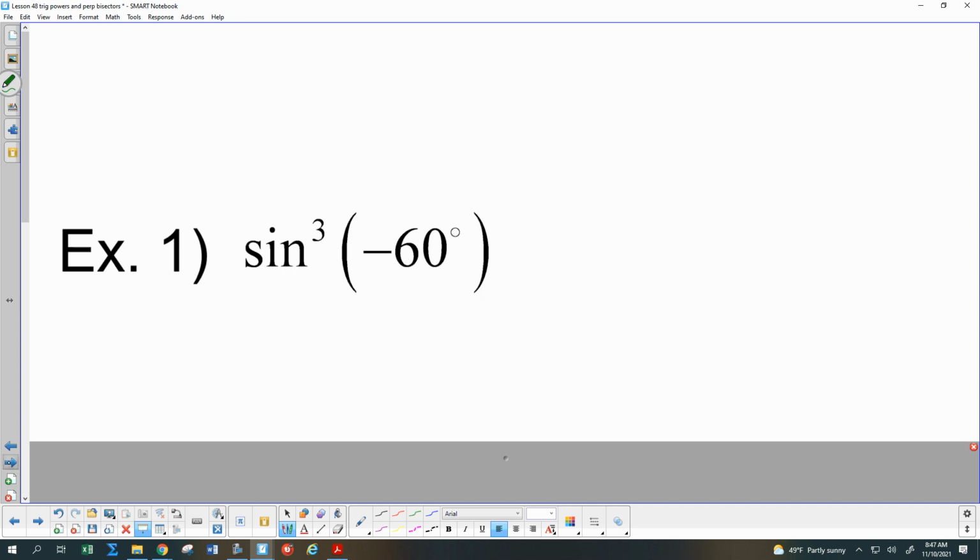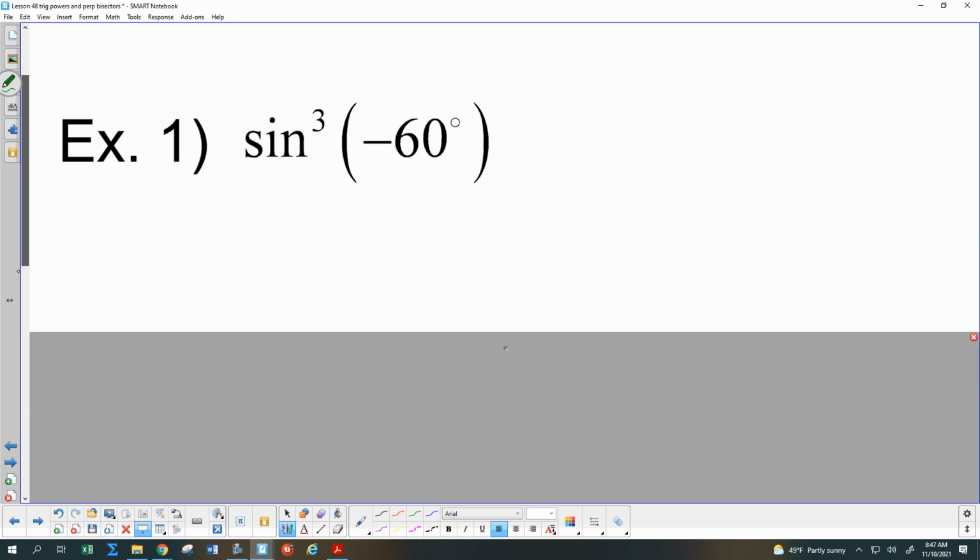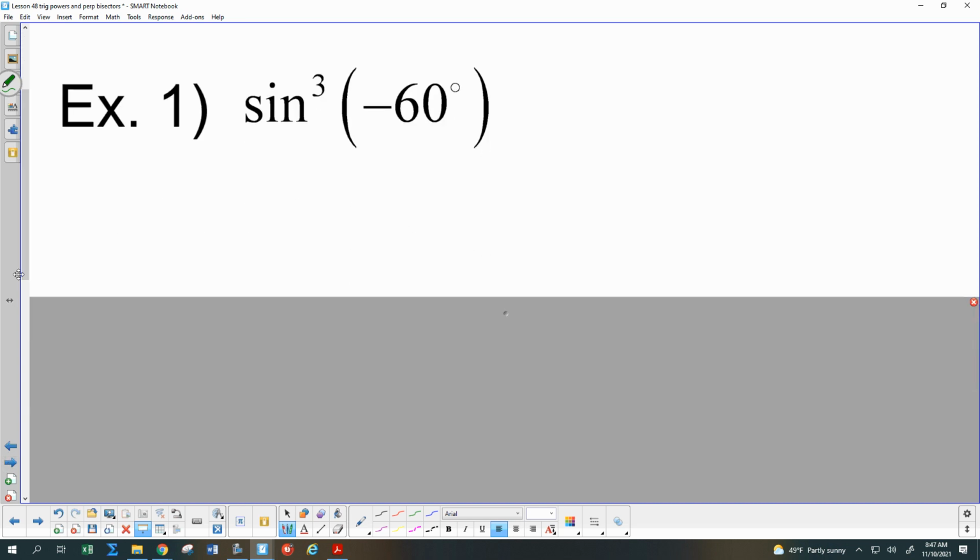So if we have the sine cubed of negative 60 degrees, that means we need to figure out what is the sine of negative 60, and then take that number times itself 3 times. So negative 60 degrees, we're going down.